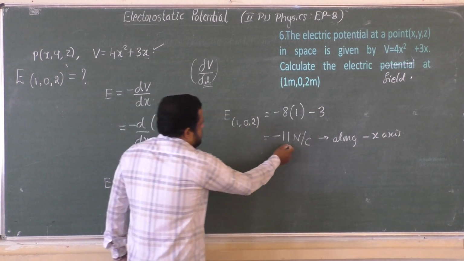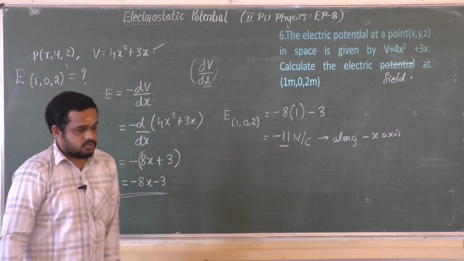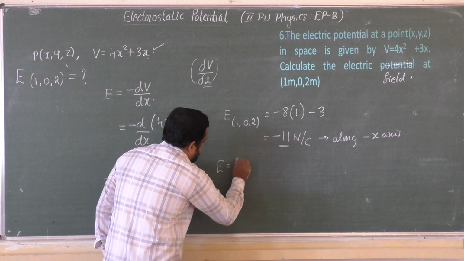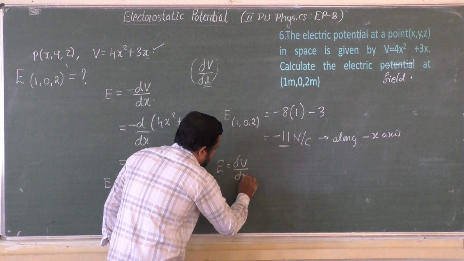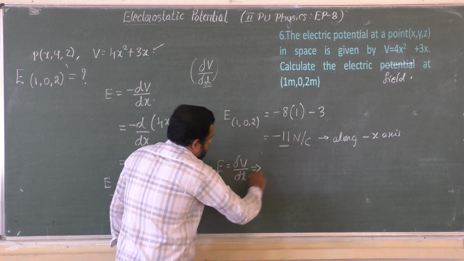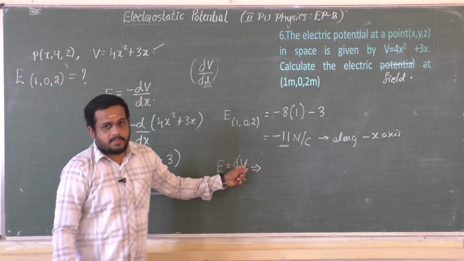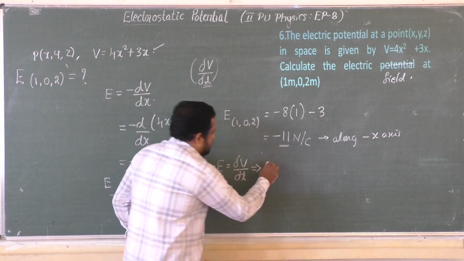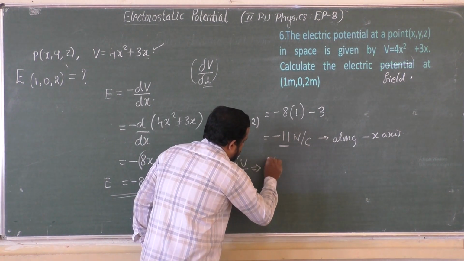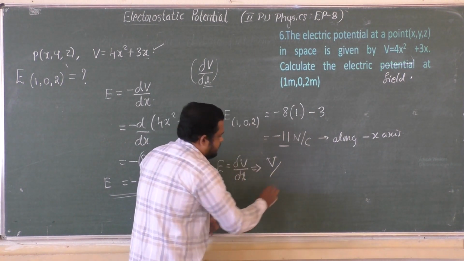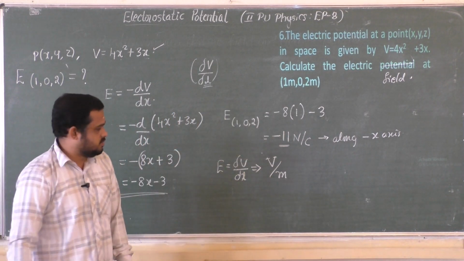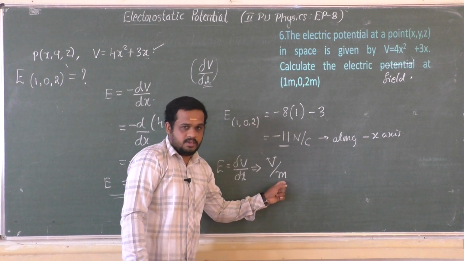For electric field, we can consider one more unit also here. See, electric field is given by delta V divided by delta L. Delta V is potential, so unit of potential is volt, divided by delta L, which is length, displacement, expressed in terms of meter, so volt per meter.